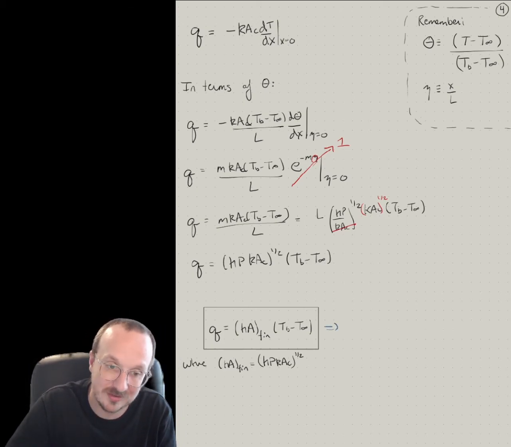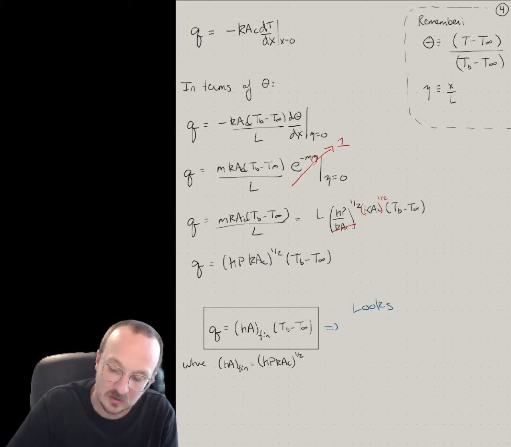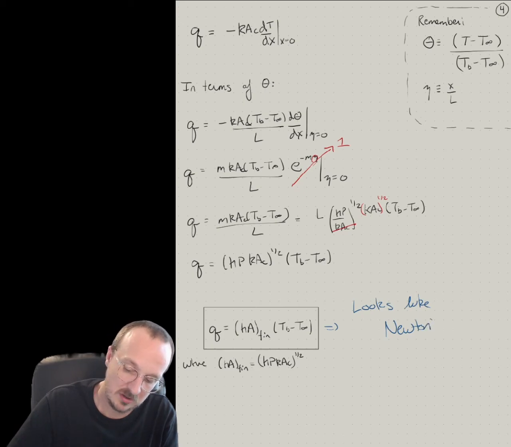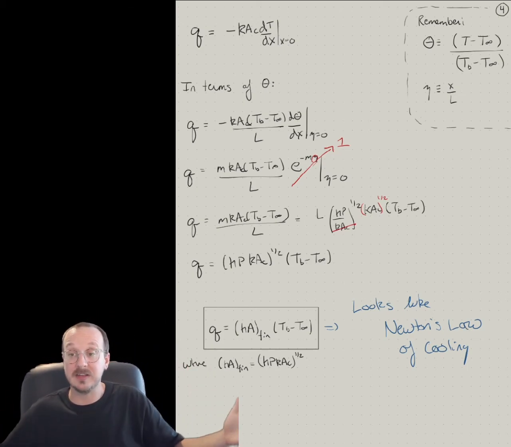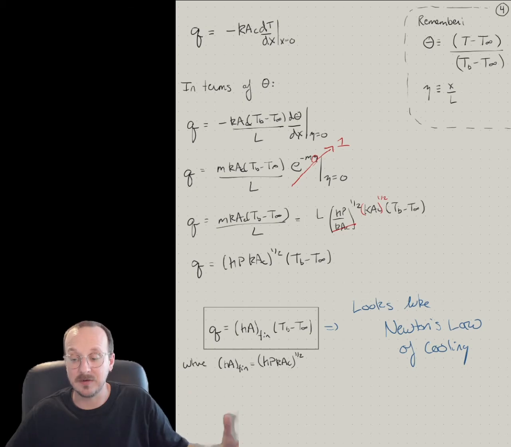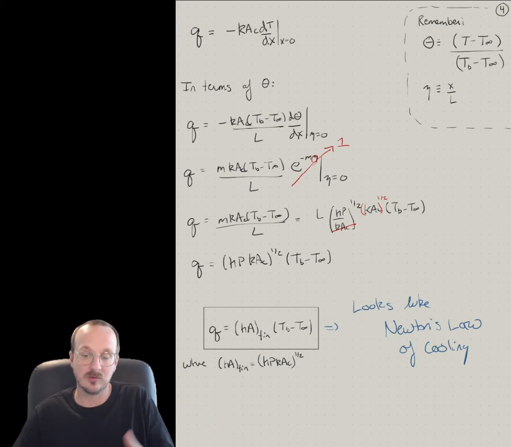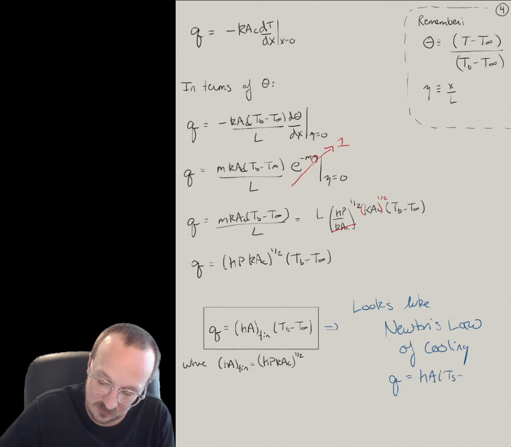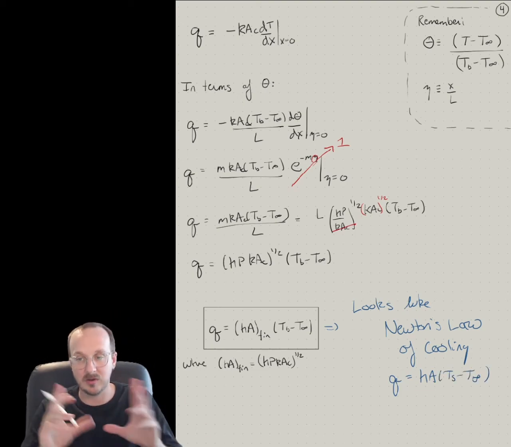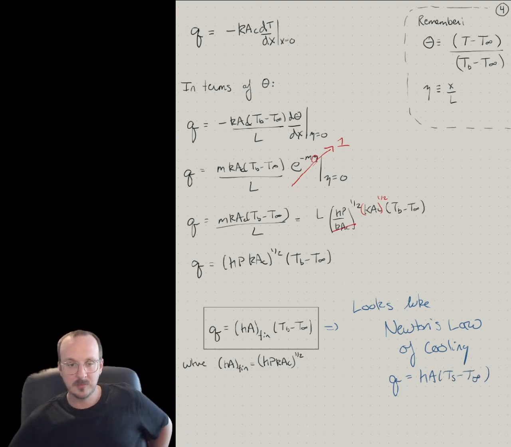Because this looks exactly like Newton's law of cooling: hA delta T, hA T surface minus T infinity, or minus hA delta T. That's Newton's law of cooling. Q equals hA T surface minus T infinity, or depending on the sign, this is in the positive x direction.